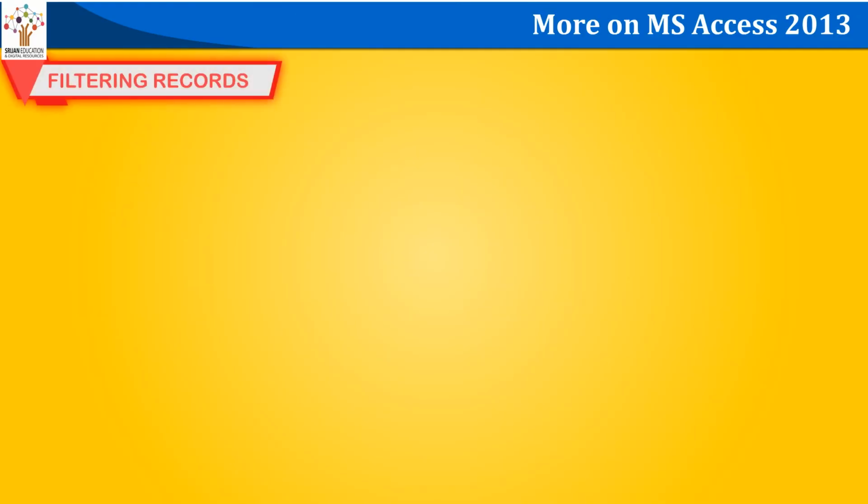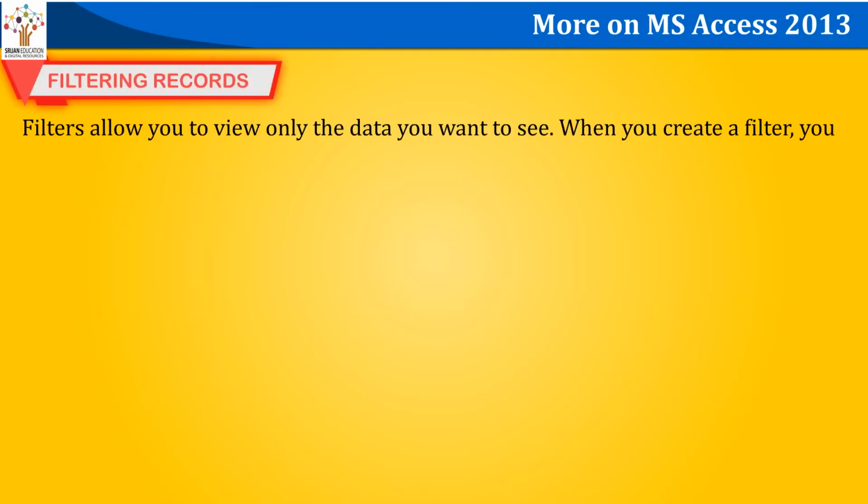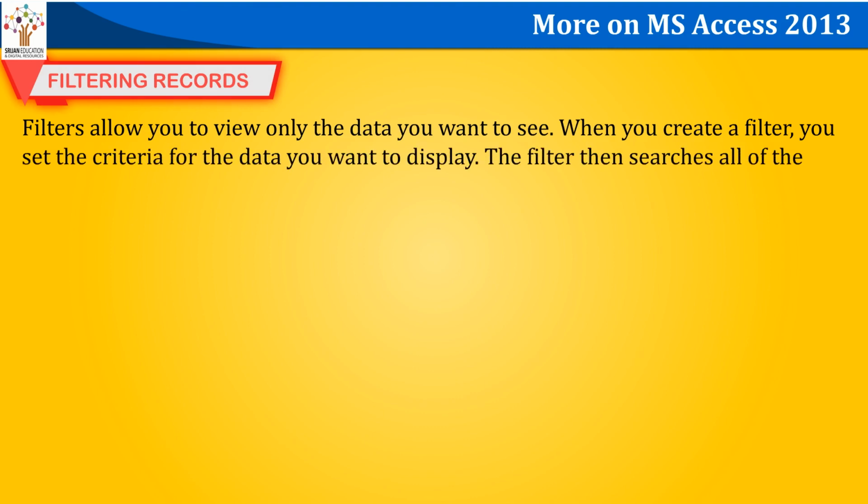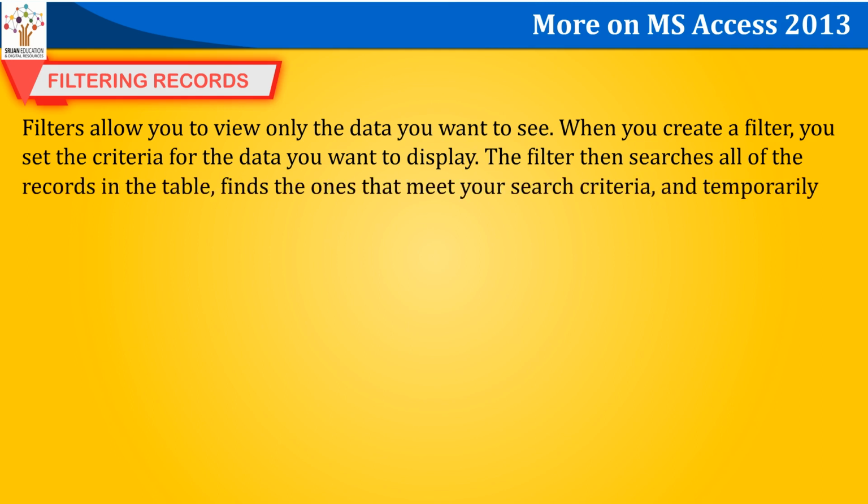Filtering records. Filters allow you to view only the data you want to see. When you create a filter, you set the criteria for the data you want to display. The filter then searches all of the records in the table, finds the ones that meet your search criteria, and temporarily hides the ones that don't.